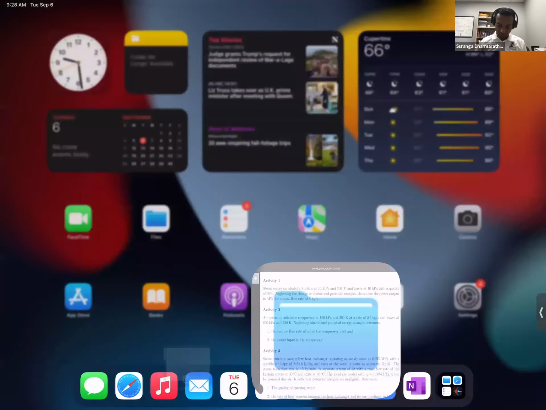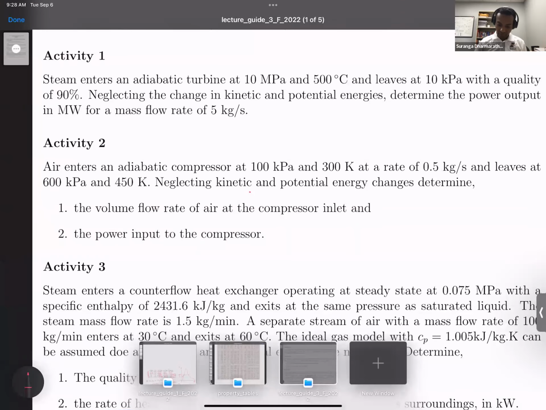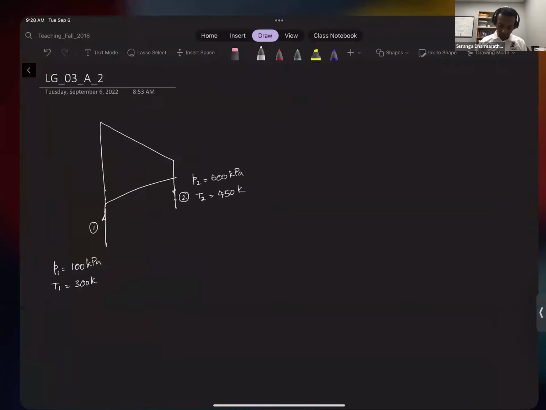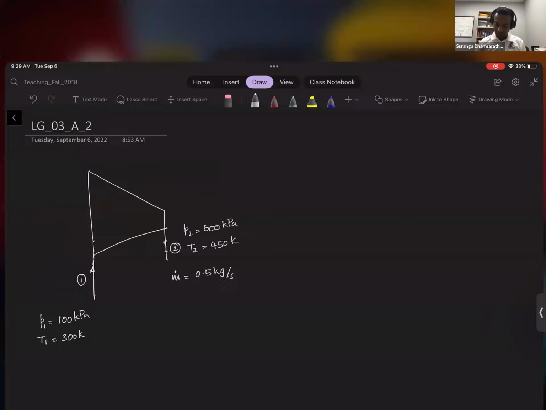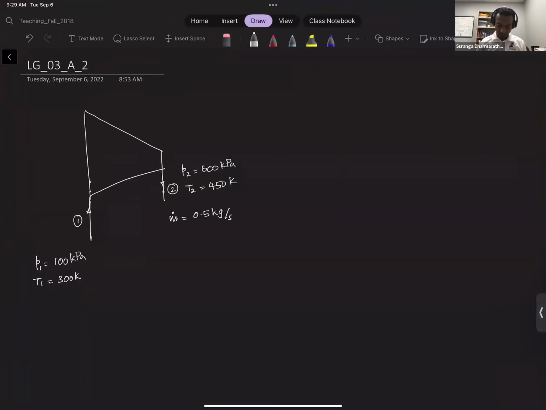And then your mass flow rate, m dot, throughout is 0.5 kilograms per second. So we are asked to find the volume flow rate at the inlet to the compressor.